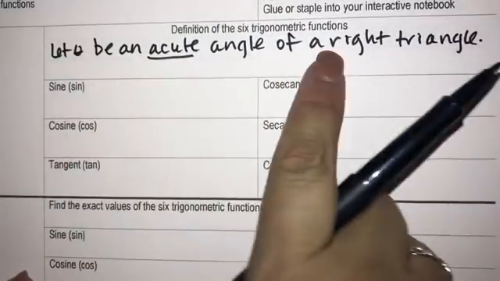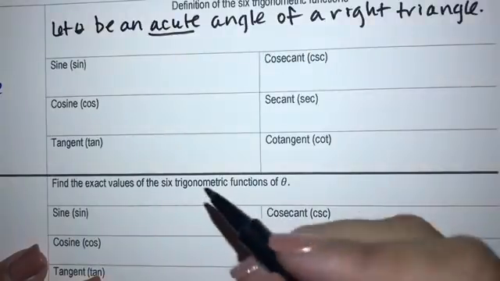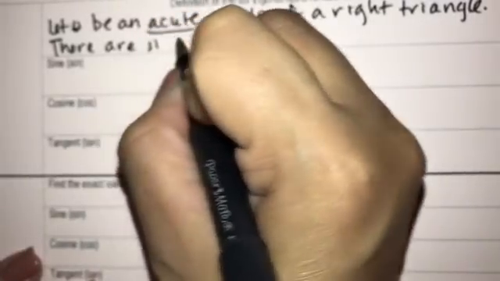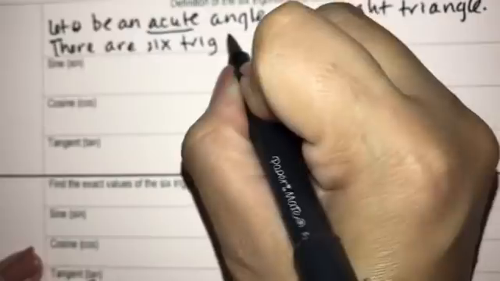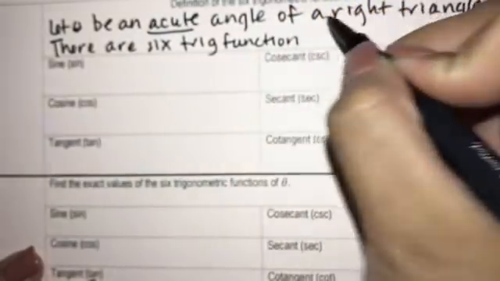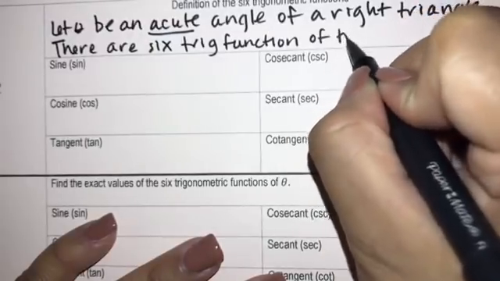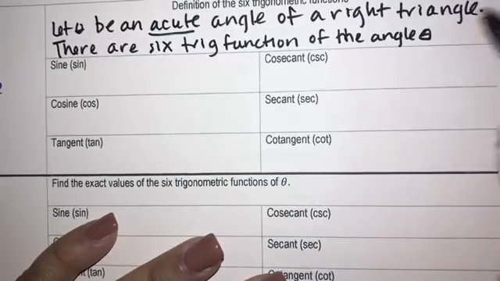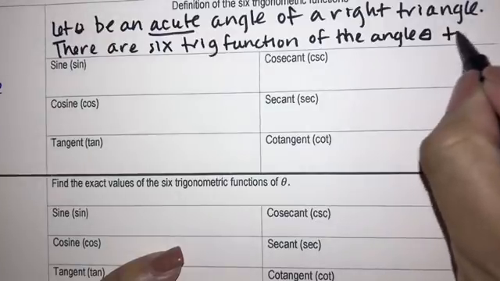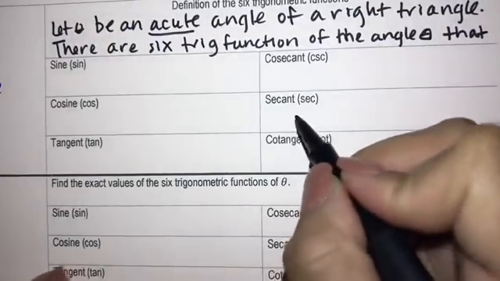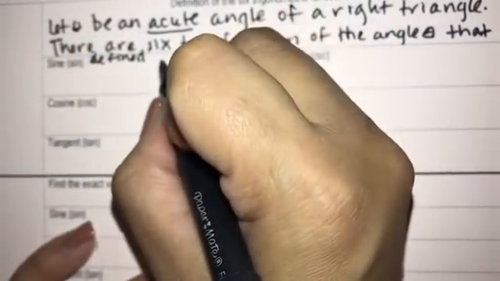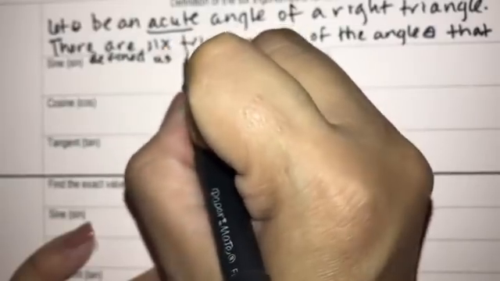So if theta is the acute angle of a right triangle, there are 6 trig functions of the angle theta that are defined as the following.